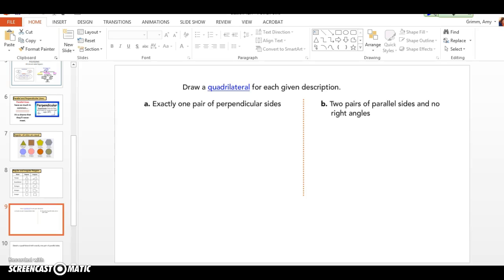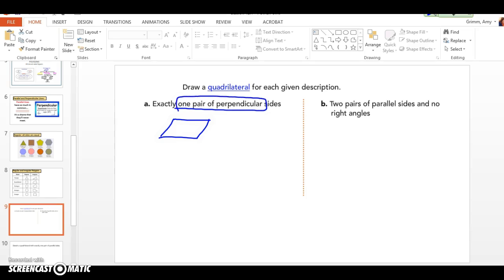Okay, so as I was walking around, you guys are kind of all over the place. So let's start with this: a quadrilateral has how many sides? 4. So it has to be a 4-sided object. And some of you had open objects. You have to have a closed figure with 4 sides. Okay? What was the second thing we had to have on here?